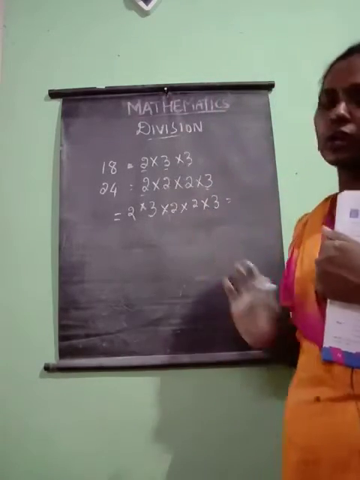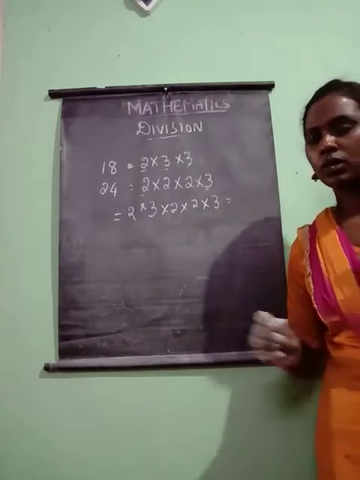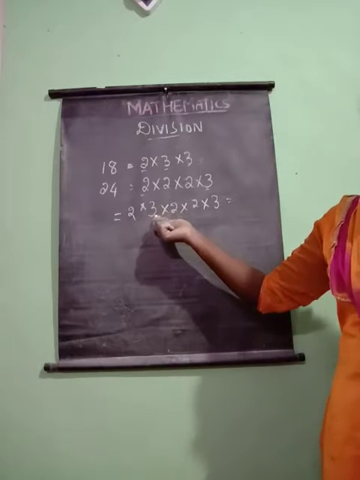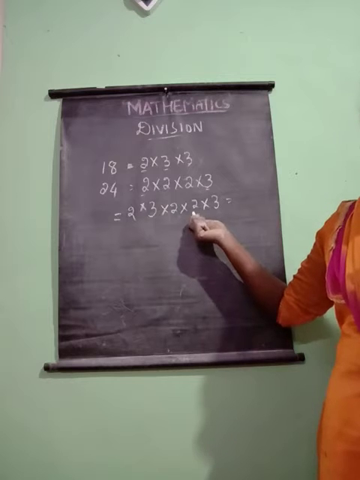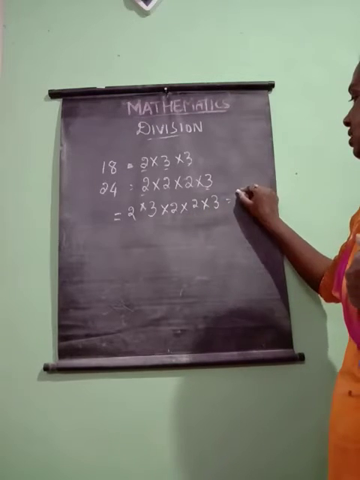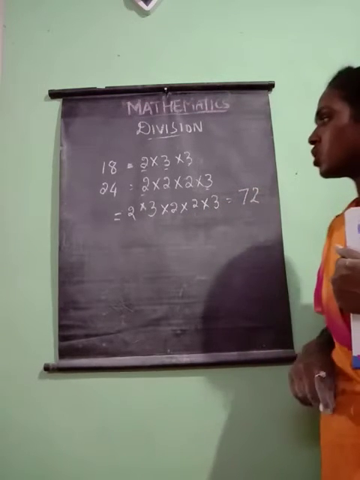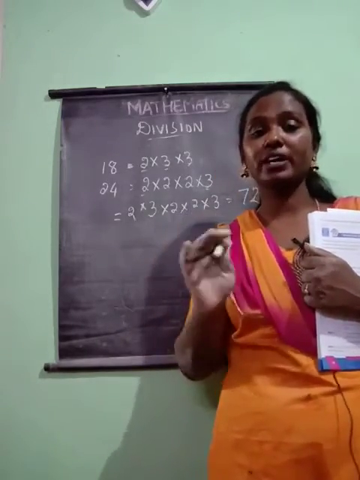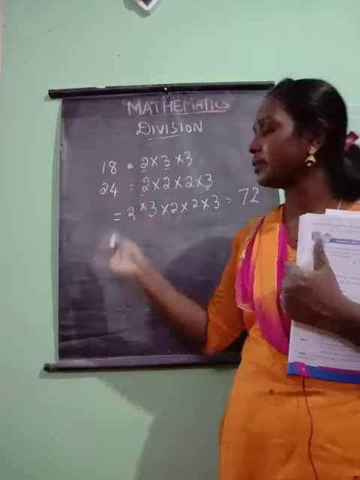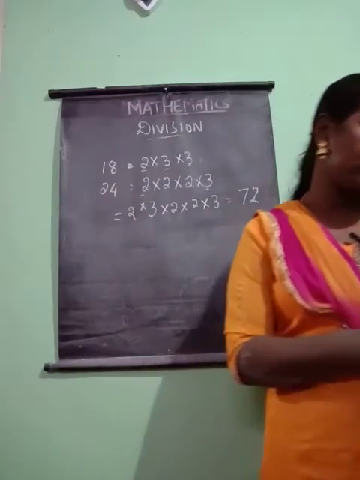All the multiples you have to write in the LCM. Now multiply. 2 3s are 6, 6 2s are 12, 12 2s are 24, 24 3s are 72. So 72 is the LCM of 18 and 24. So I hope you understood this.